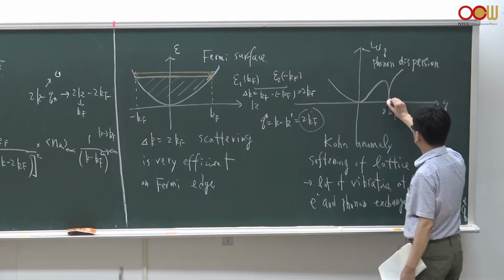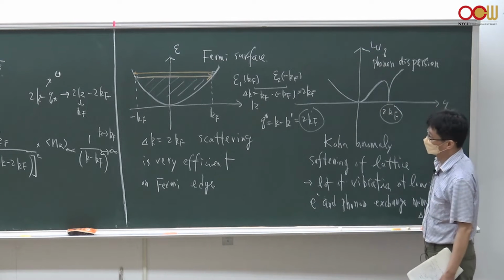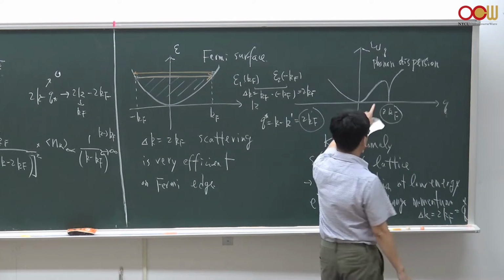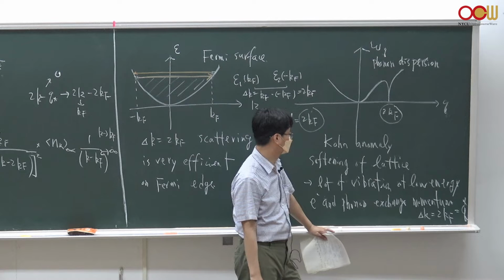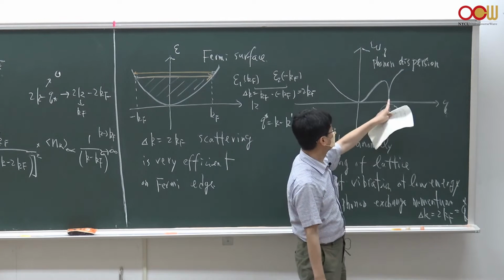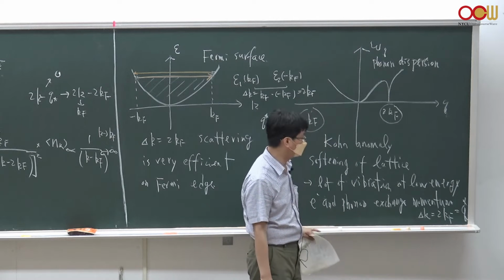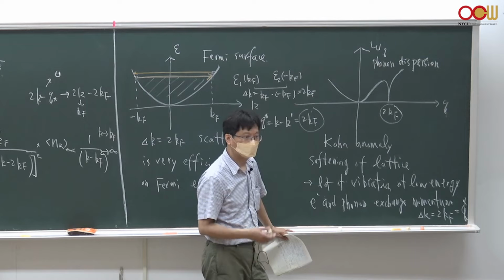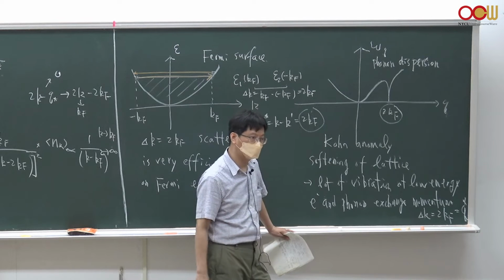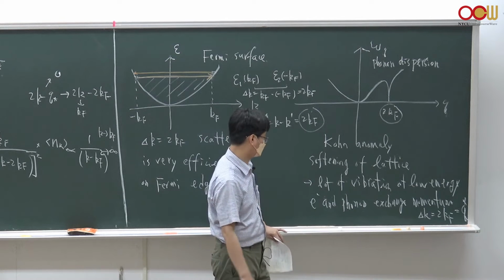But when q approaches 2kF, there's a sharp singularity right at this 2kF scattering. This singularity of the phonon band, or phonon dispersion, is called the Kohn anomaly, and it has been observed in many materials which show phonon modes.